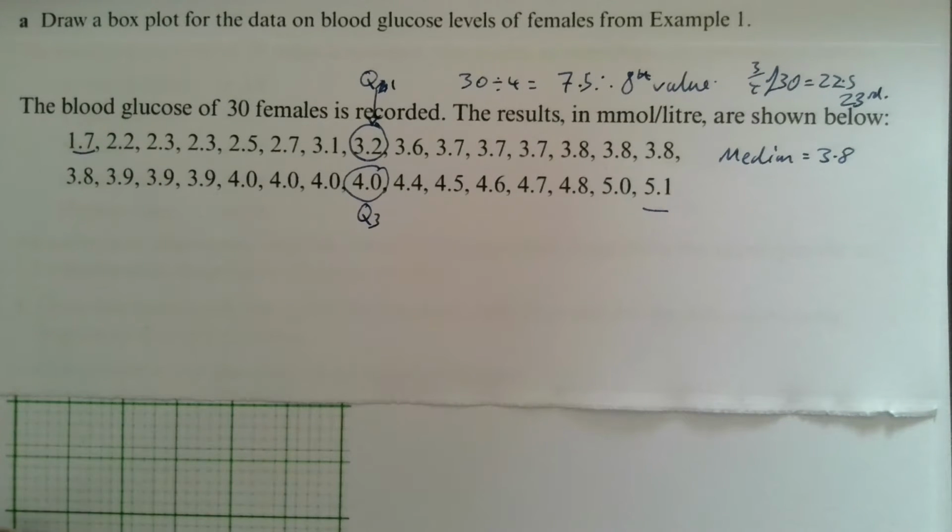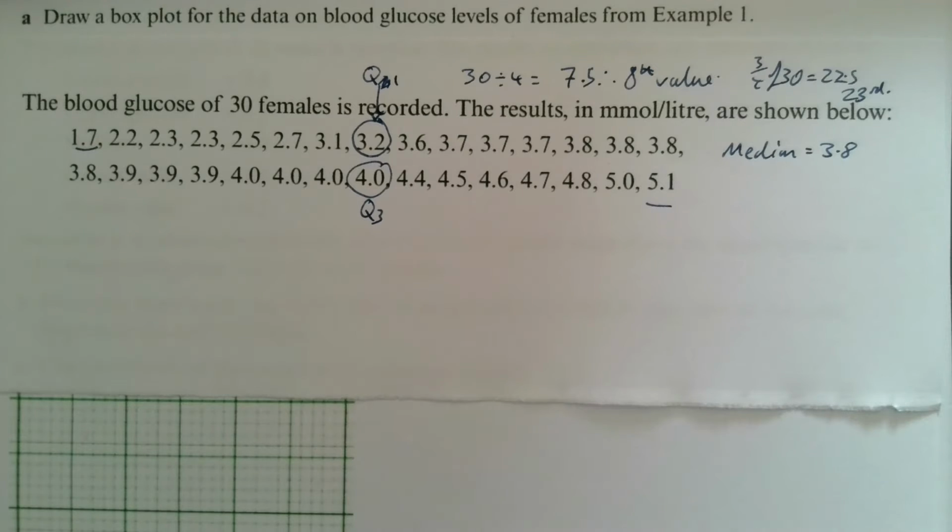Right, next thing to do is to put in our axes. And the scale here, we've got 6 that we're going up from. So if we just go from 0, 1, 2, 3, 4, 5, 6.